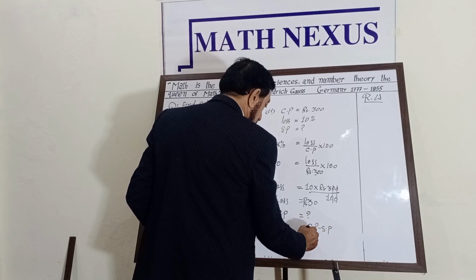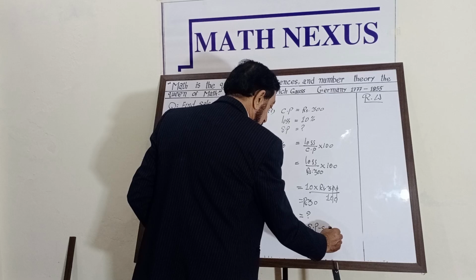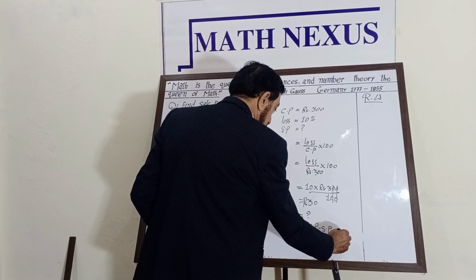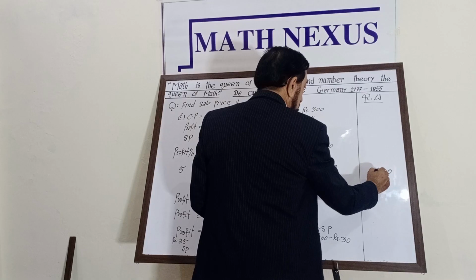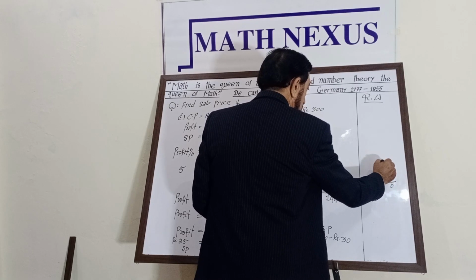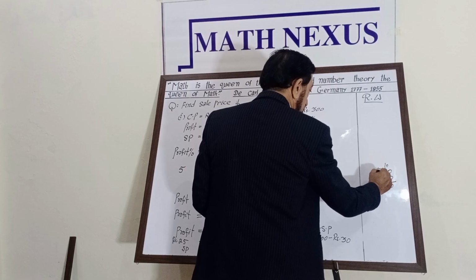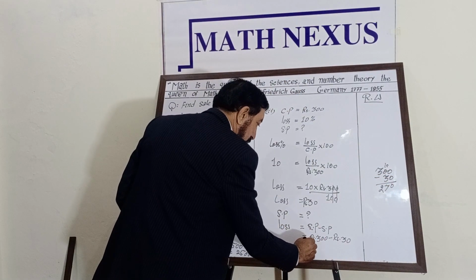Cost price Rs 300 minus sale price Rs 30. 300 minus 30 is equal to 270.